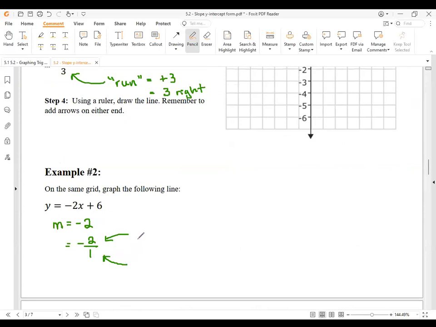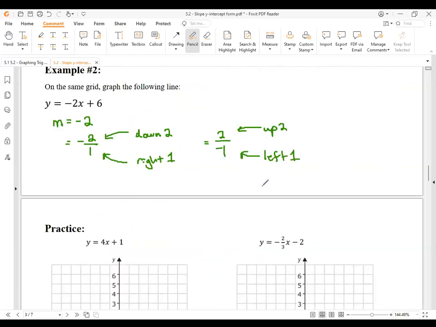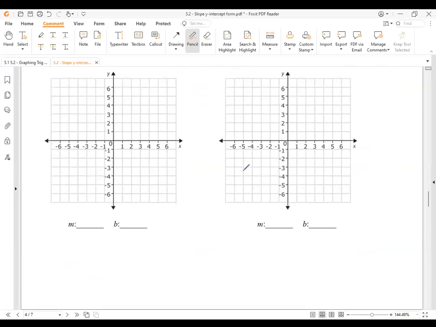Up 2, left 1. Please do that on your own time, and there's more practice here for you.